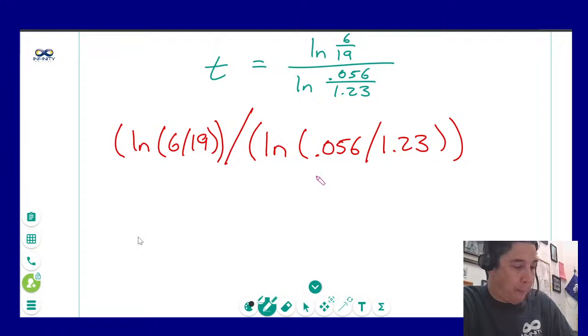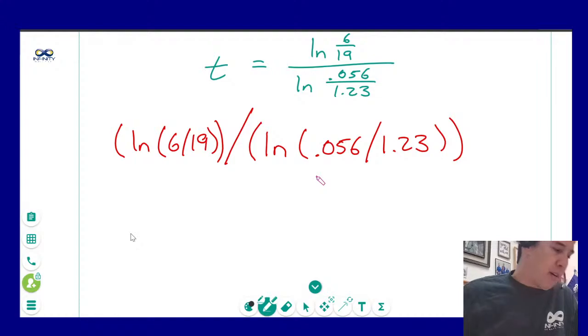All right, so parenthesis, natural log, parenthesis, 6 divided by 19, end parenthesis, divided by, parenthesis, natural log, parenthesis, 0.056 divided by 1.23, end parenthesis. Whew. Got a number between 0 and 1, thankfully.